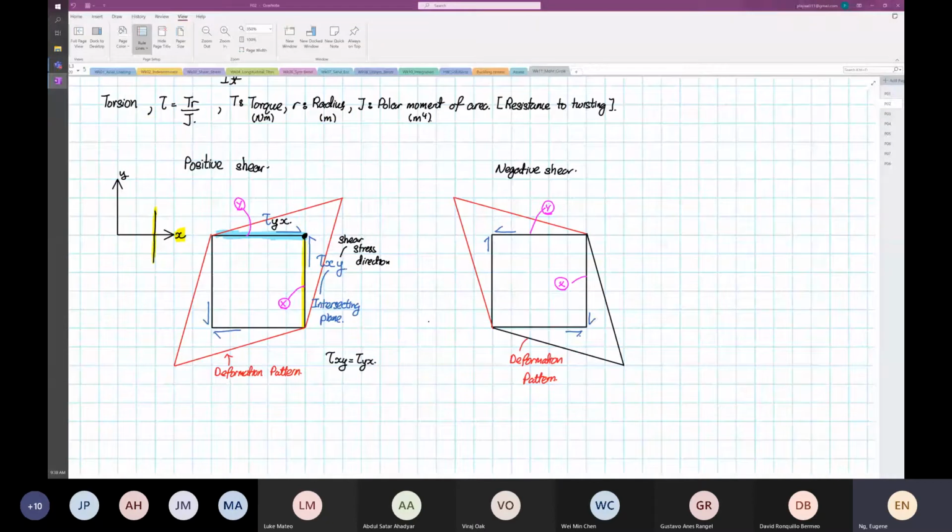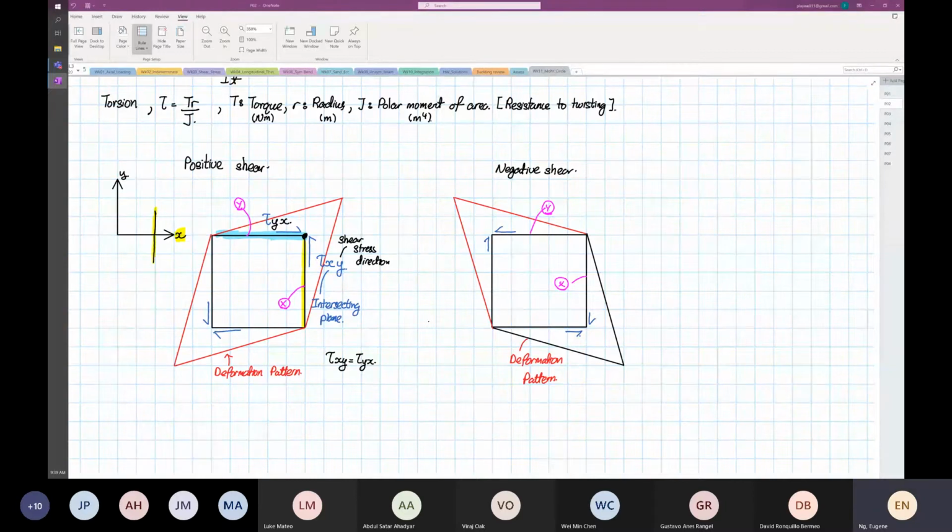Unlike normal stress, compression is better than tension for some materials. For example, concrete, a brittle material, is better off in compression than tension. With shear, both positive and negative are equally bad. For example, if your structure is carbon fiber, both positive and negative shear are bad. If you have a ductile material, it does not matter. Positive shear, negative shear, it's fine.